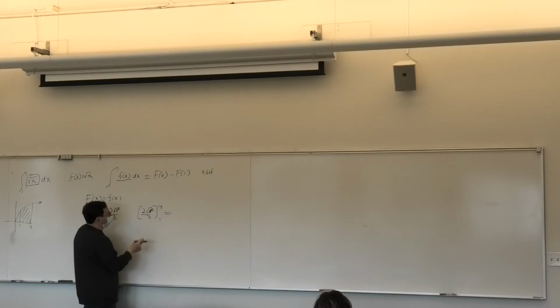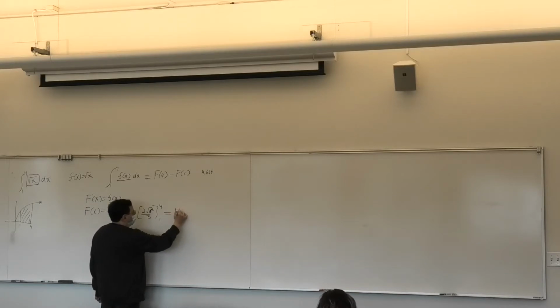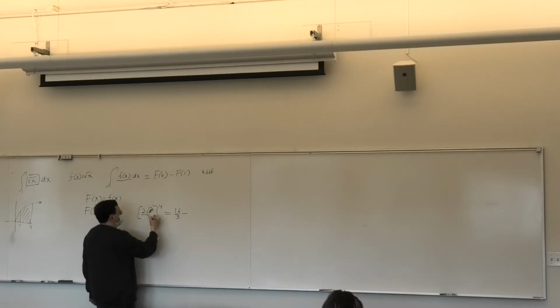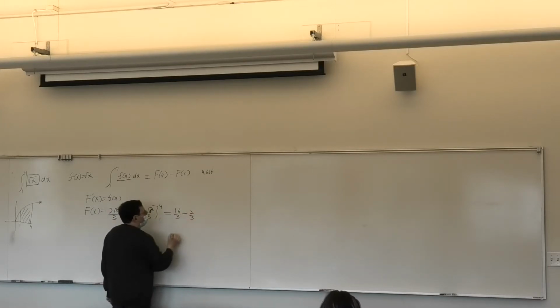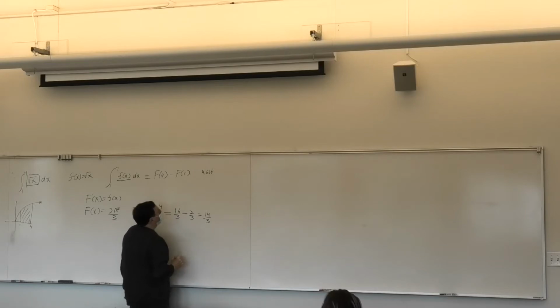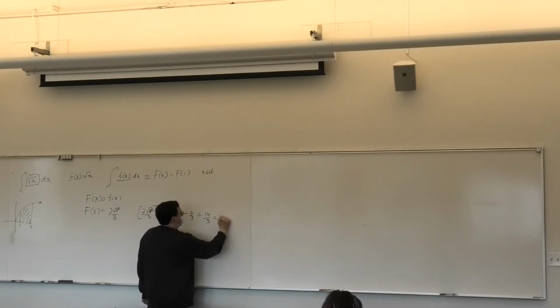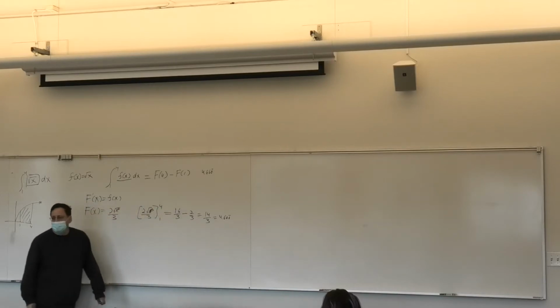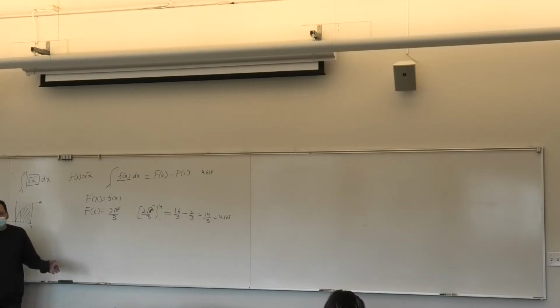Square root of 64 is 8. 16 over 3 minus 2/3, is that right? 14/3. Well, that looks like 4.666. Okay, very good. Any questions about that?